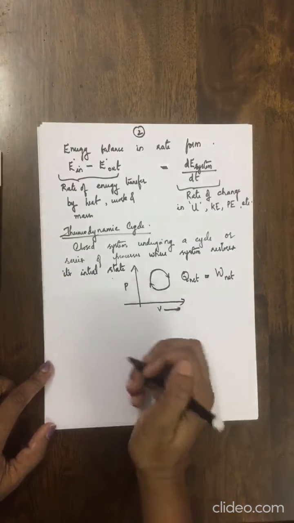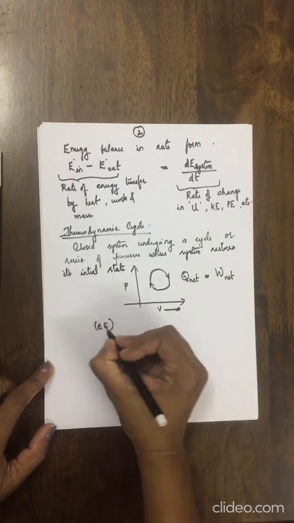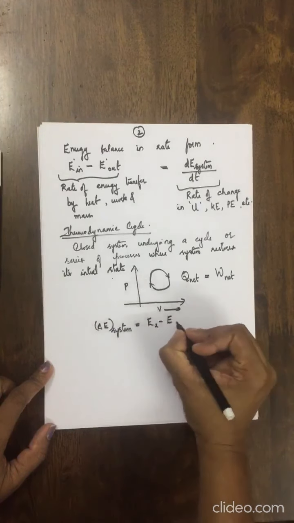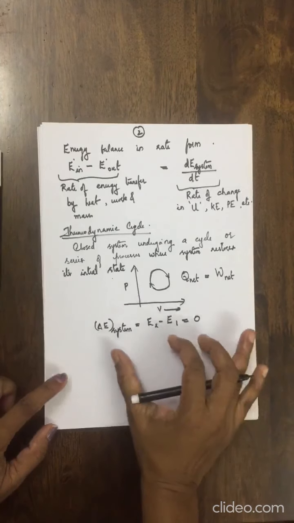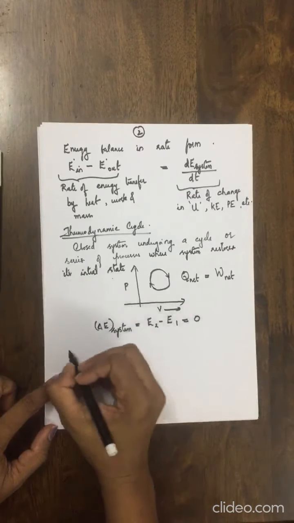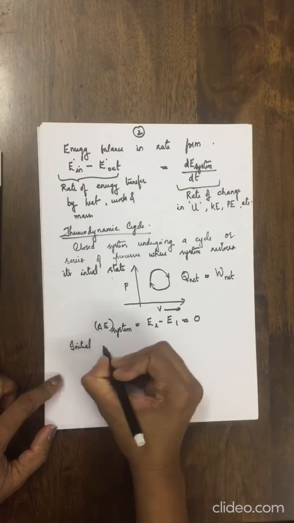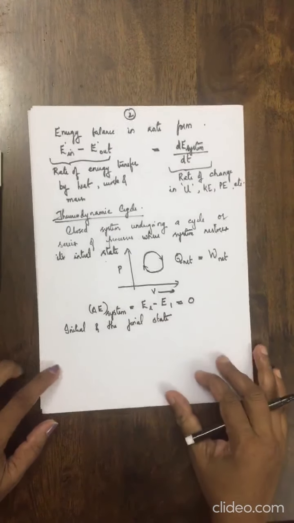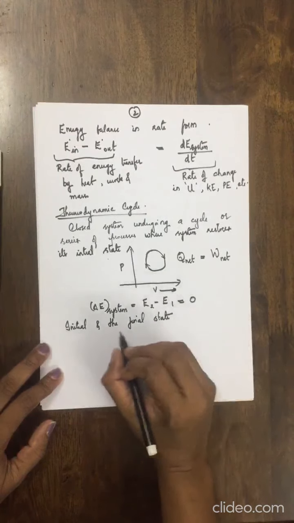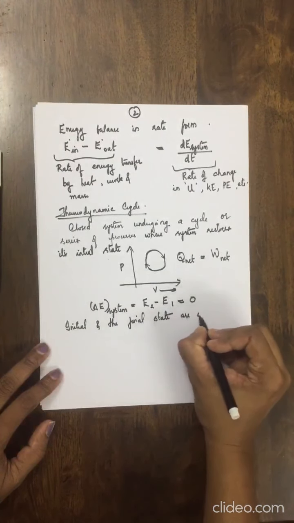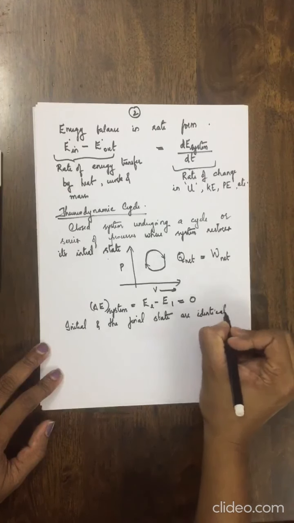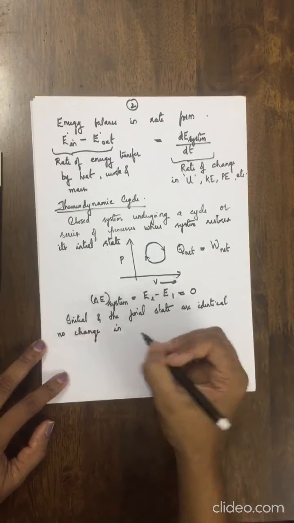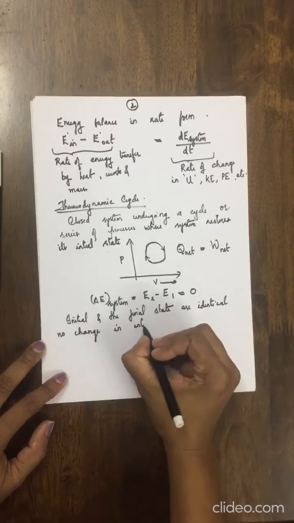You know, in a cyclic process, del E of system is equal to E2 minus E1, which is equal to 0, since the initial and the final states of a closed system undergoing a thermodynamic cycle are identical.